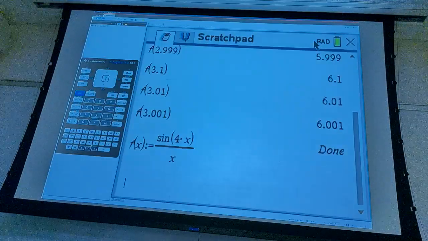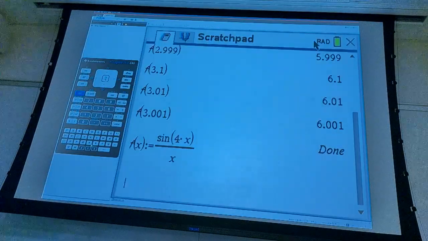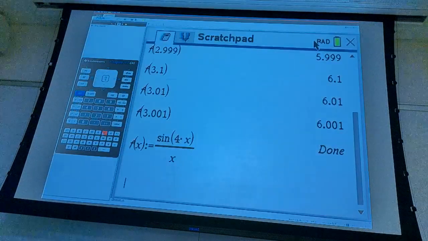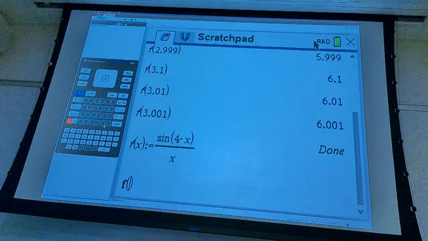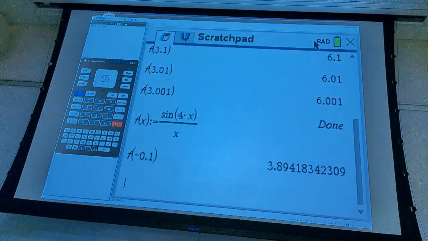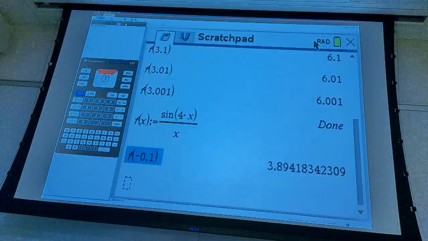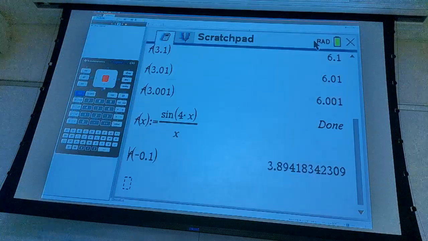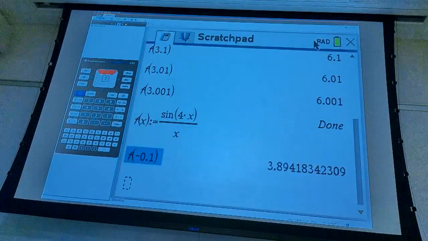So now we have at least the right mode. We were approaching 0. So there's negative 0.1. Enter.